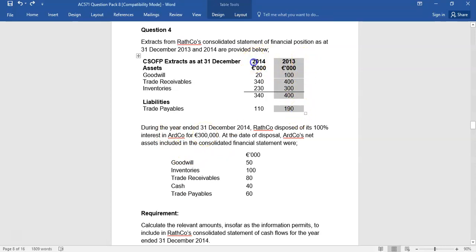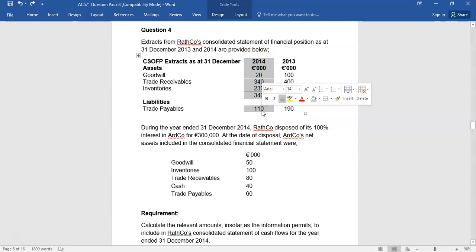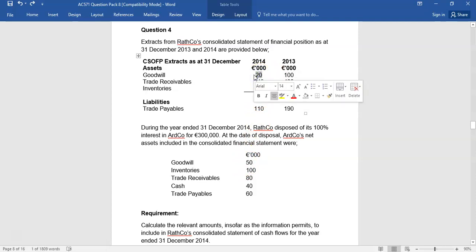This 2014, end of 2014 figure excludes ARDCO because you've removed it at the date of disposal. We don't need to know what the date is. We just know it's before the year end. So that means for goodwill, 100 minus 50 means goodwill at the end of the year should have been 50. If goodwill is now only 20, that means there must have been a goodwill impairment of what's left in the goodwill. So that's important.